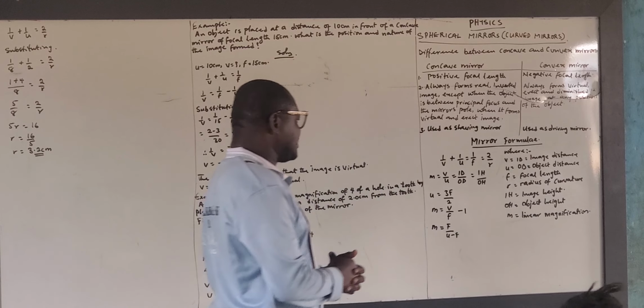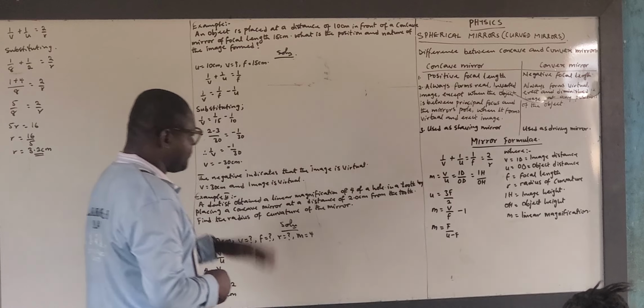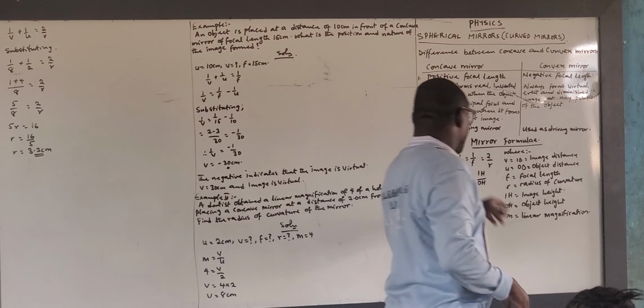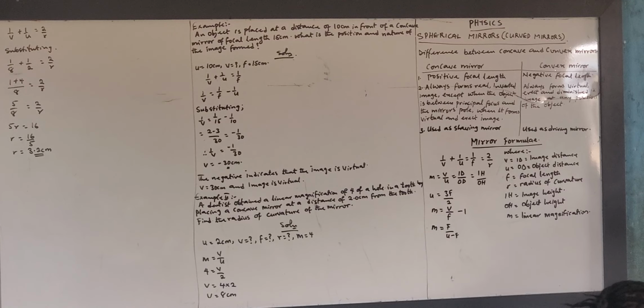Now, let us see the calculation under it. We have the formula: 1 all over u plus 1 all over v is equal to 1 all over f, which is equal to 2 all over r. That is to say, 1 all over v plus 1 all over u is equal to 1 all over f, which is the same thing as 2 all over r.